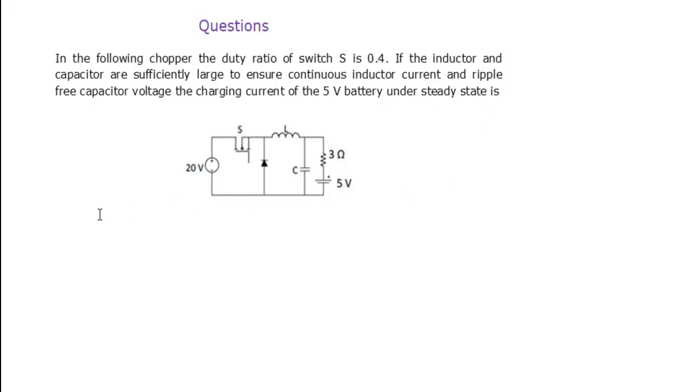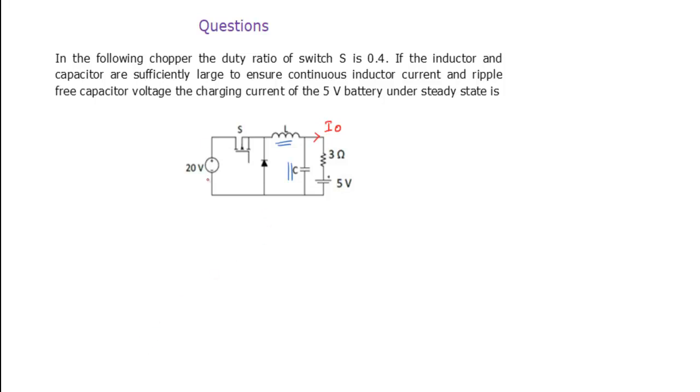Okay, so that means the voltage across the load is constant and the current flowing through the inductor is also constant. That means no ripple in both. Okay, so that's what is given. Now it is asked what is the charging current for this 5 volts battery. Charging current in the load, or load current I average, both are the same. So now it is asked about I average.